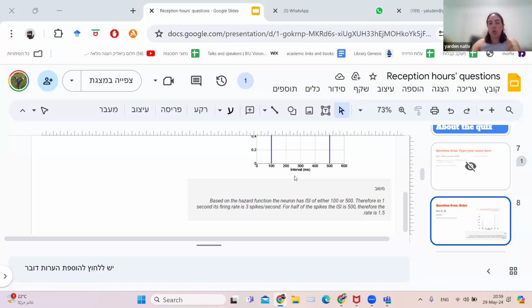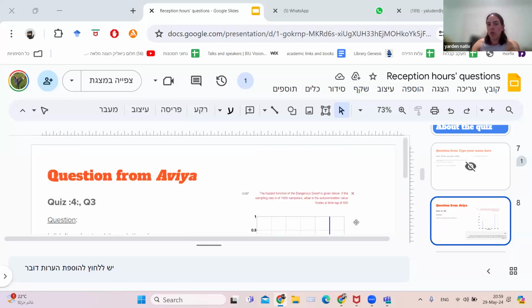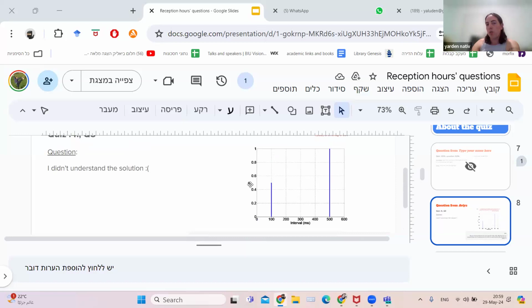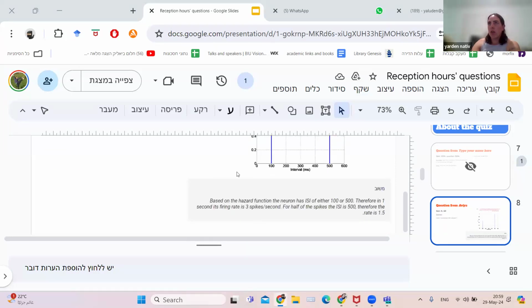But I thought that this is given from an exam of Izal. So I thought that, for me, it looked like it should be interleaved. So then you calculate that there are 3 spikes per second, and the probability for 2 spikes to be at the distance of 500 when they are interleaved, it's only for half of the spikes, therefore it's half of the rate.